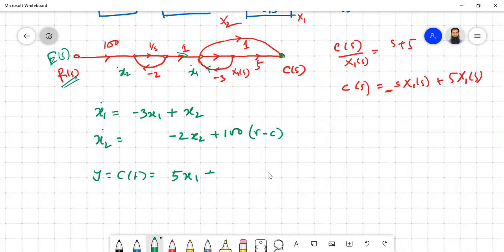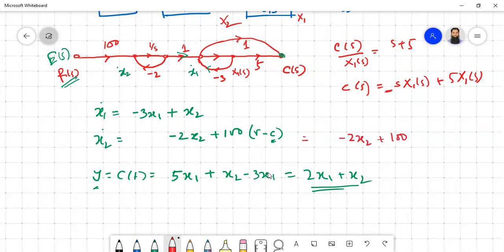So we can say 5x1 plus x2 minus 3x1, eventually 2x1 plus x2. Now C is nothing but your output, and you can replace C by this. So you can write it this way: minus 2x2 plus 100R minus 100 times (2x1 plus x2).